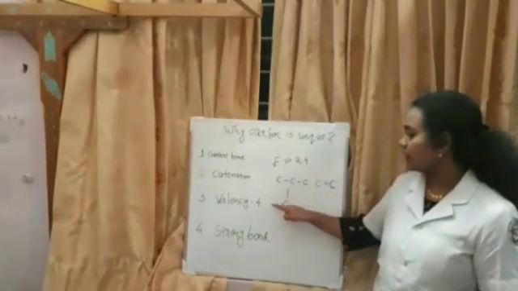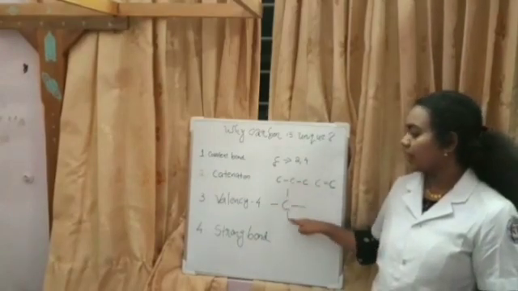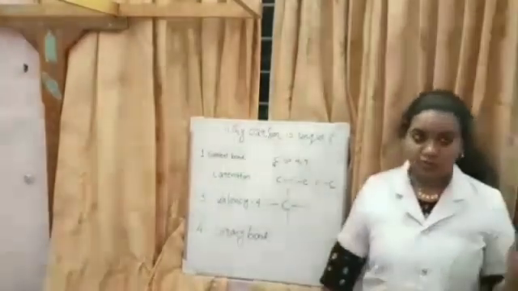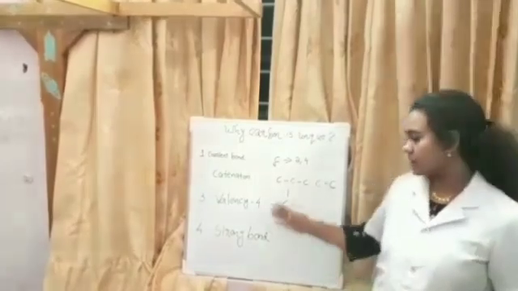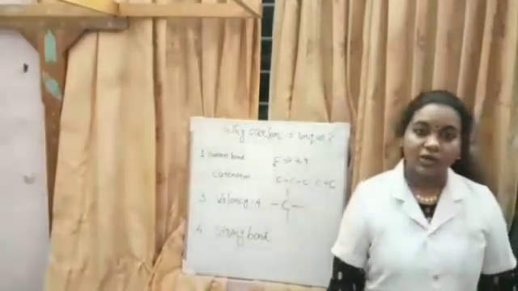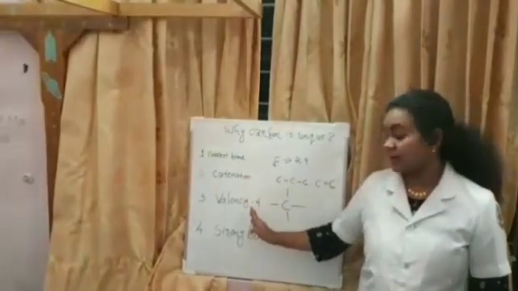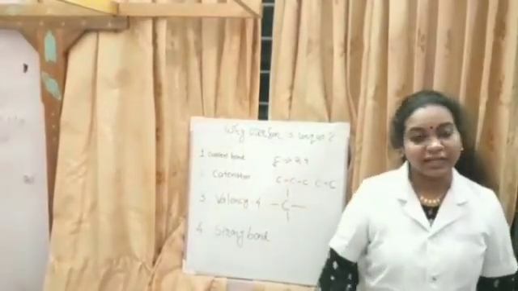So it can make bonds with 4 other elements, most probably halogens, oxygen. It can make different bonds. No other element has this property of catenation and no other element has the valency of 4. So it is one of the reasons.